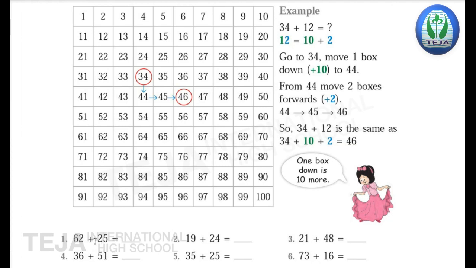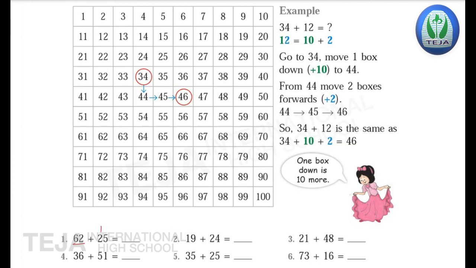62 plus 25. Now we'll add this by splitting 25. So 25 equals how many tens and how many ones, children? See the first one: 62 stays as it is. Now 25 means how many tens? In the tens place 2, ones place 5.